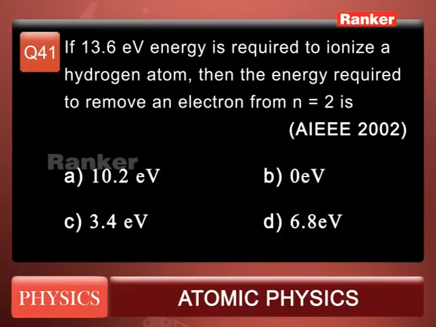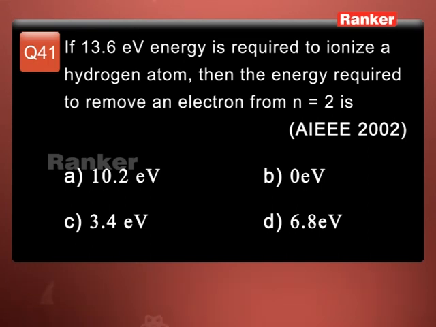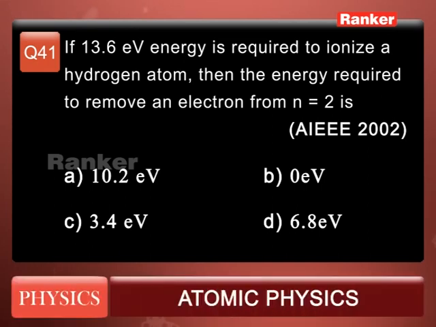Four options are given this way. The very first option is 10.2 electron volt. Second option is 0 electron volt. Of course, that will not be the correct option. You can definitely understand, it needs some energy at least to be removed from that orbit. It cannot be 0. So, okay, forget. And third option is given 3.4 electron volt. And fourth option is given 6.8 electron volt.